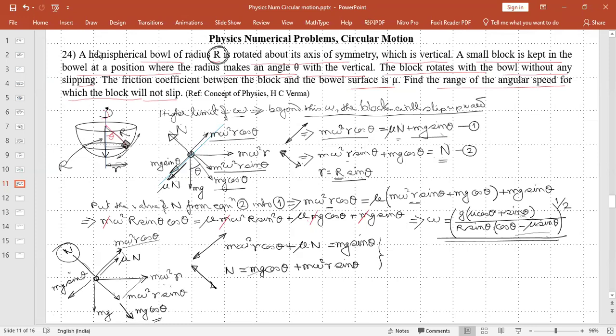Here we have two equations. So the remaining solution is the same. Also, do not forget, small r is equal to capital R sin theta.